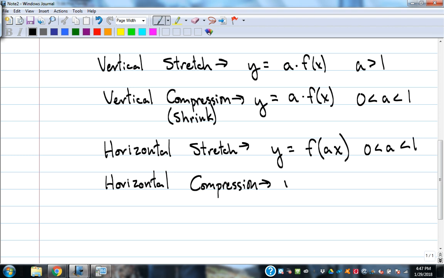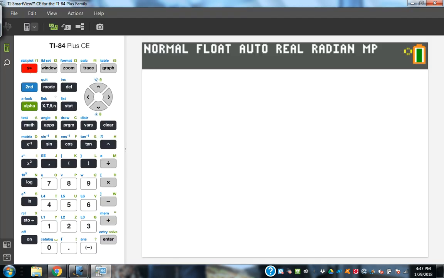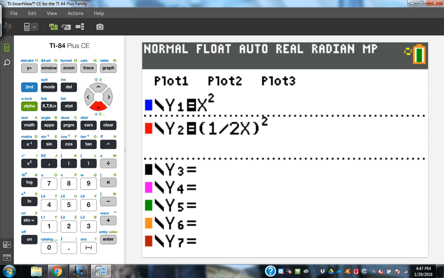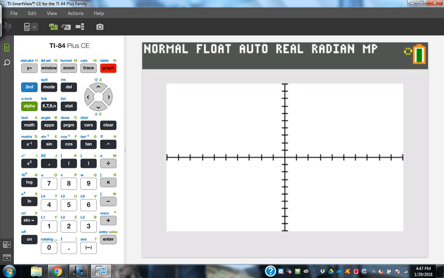Horizontal compression, y equals f of a times x, where a is bigger than 1. Again, just a view of that with the x squared function. If I do a 3 in there with the x and then square that, much in the same way as the vertical stretch does, it makes it look skinnier.